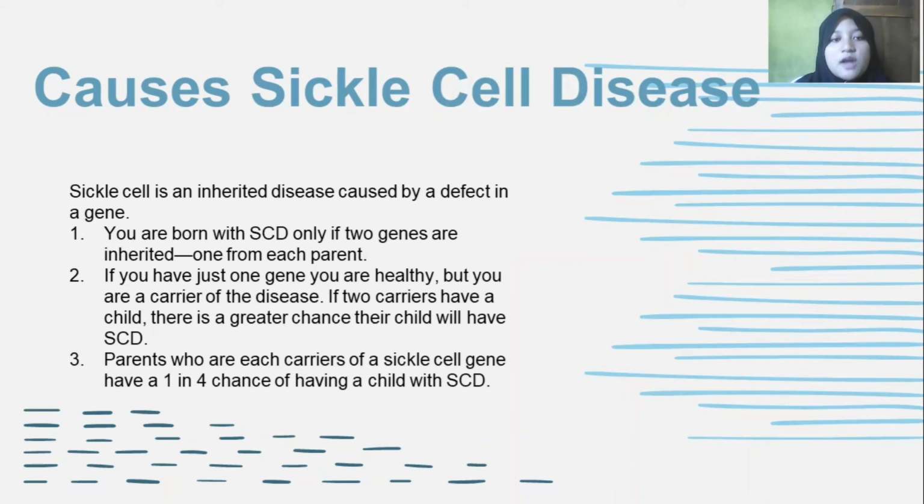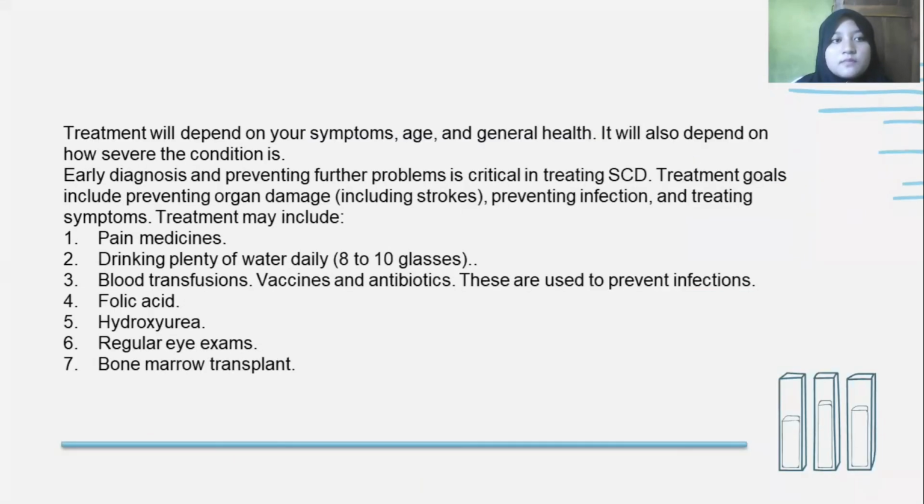If two carriers have a child, there is a greater chance their child will have SCD. 3. Parents who are each carriers of a sickle cell gene have a 1 in 4 chance of having a child with SCD.